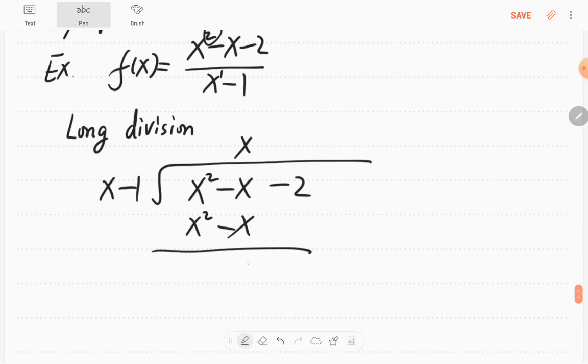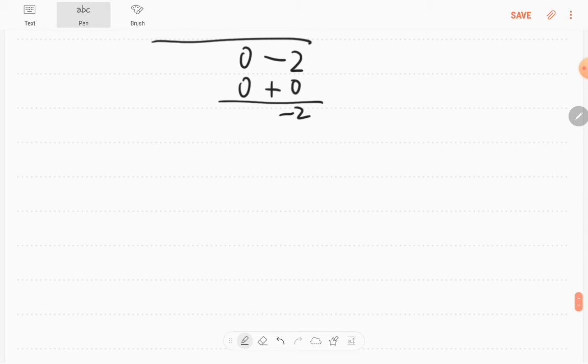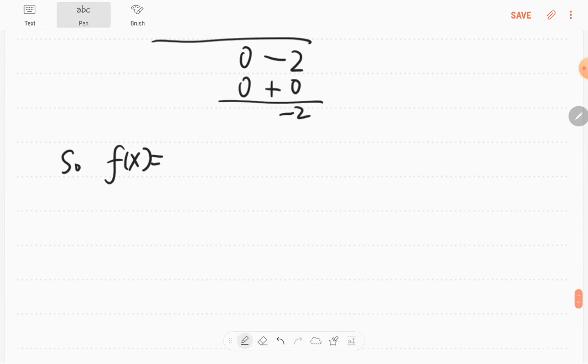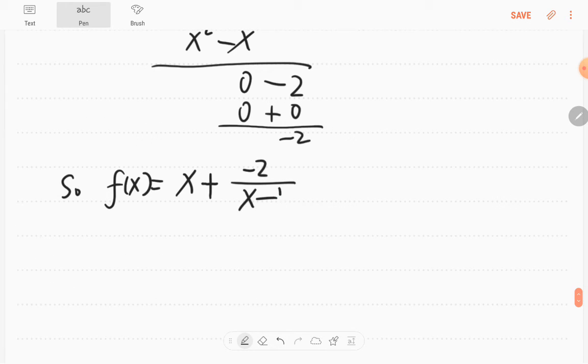Then minus 2 minus 0 is negative 2. So the remainder is negative 2. In other words, our f of x can be written as x plus negative 2 over x minus 1. This is what the long division tells you.